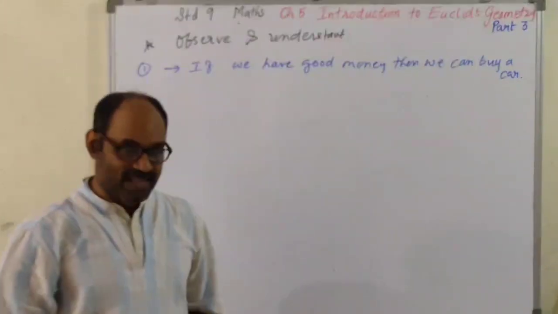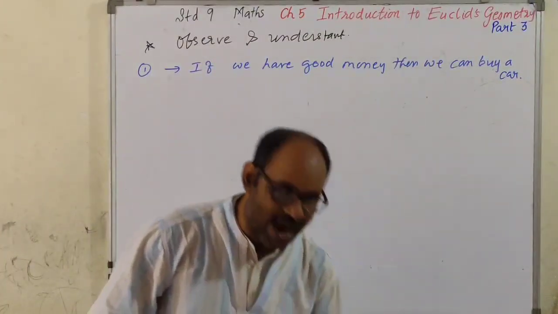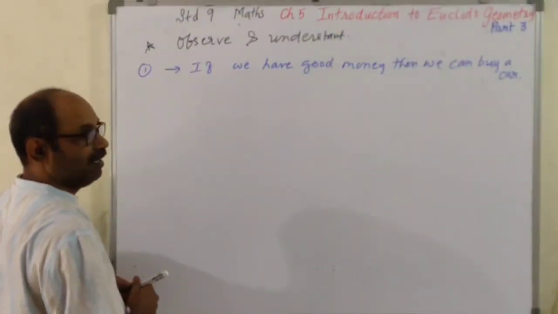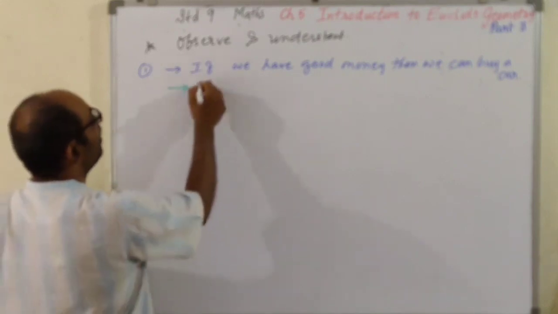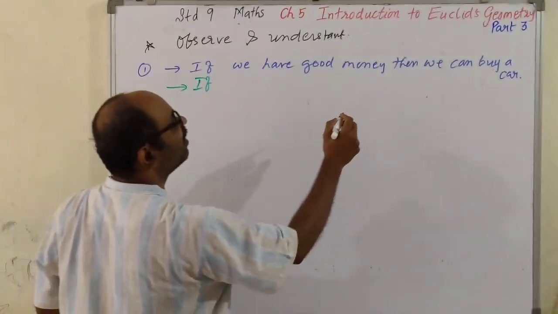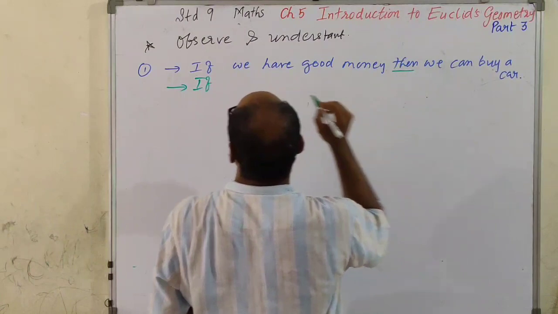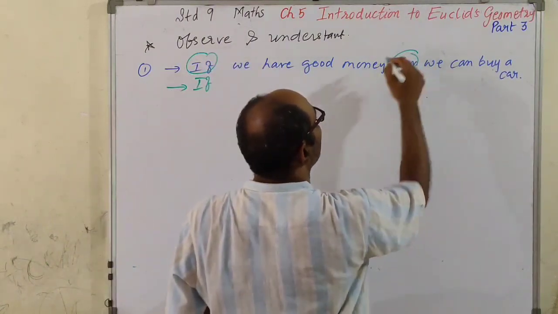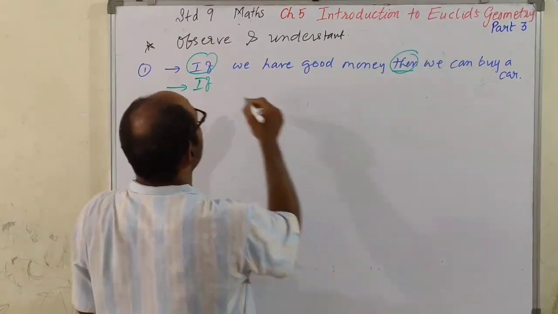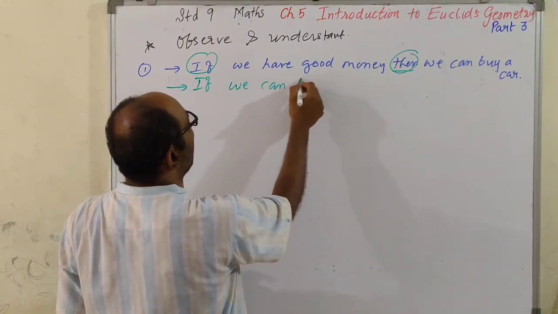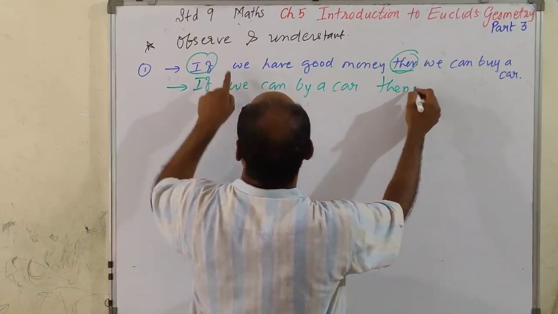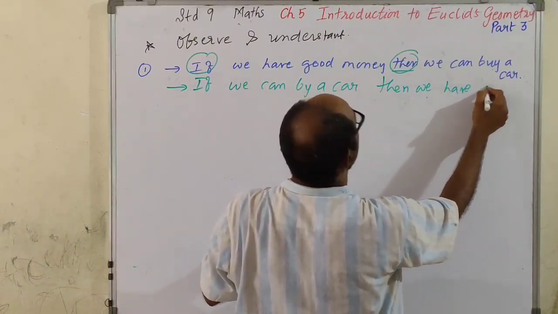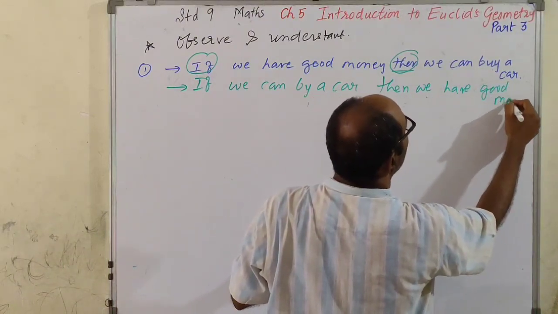If we have good money, then we can buy a car. Let's write its converse. If as it is, then as it is. If and then will be as it is. But after if, we can buy a car, then we have good money.